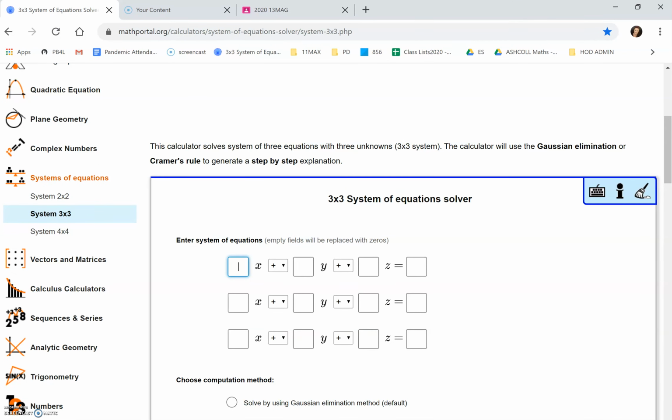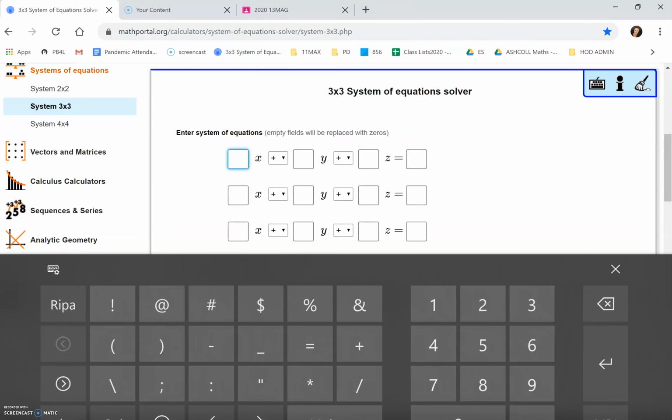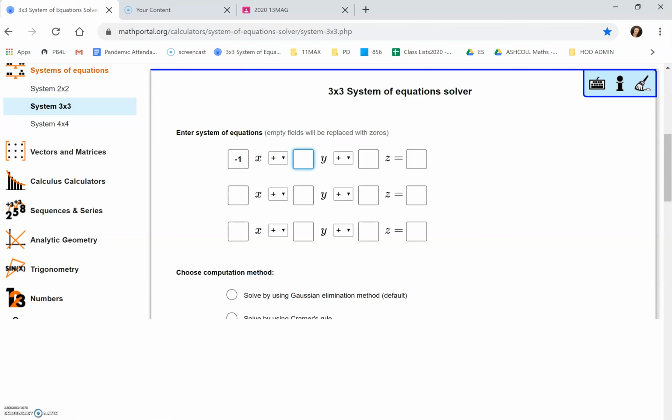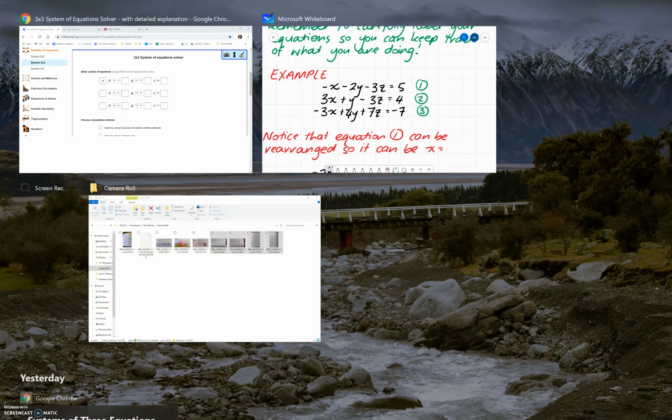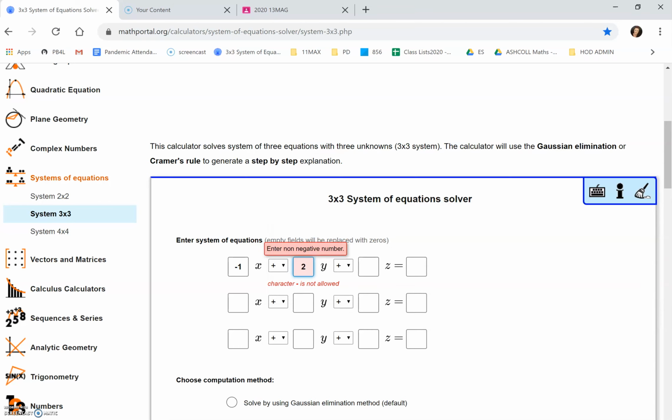So in here we have negative 1. In here, the y value was negative 2, so we change this to negative.